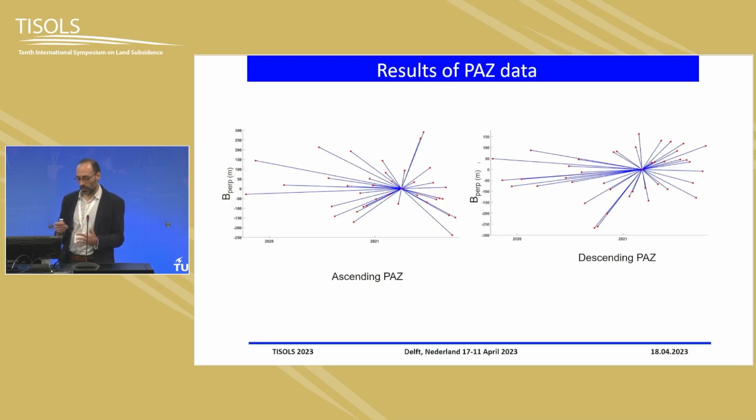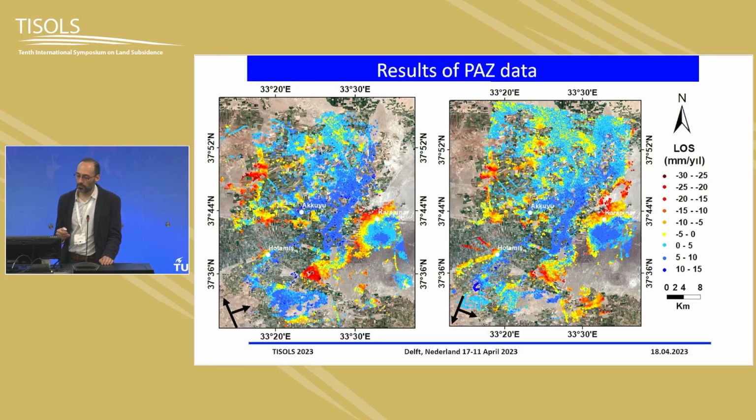If you check the distribution of the dataset, they have less than 300 meter perpendicular baseline, and the temporal baseline here is about 1.5 years. As we can see in the results, both ascending and descending are providing a similar pattern over the region.